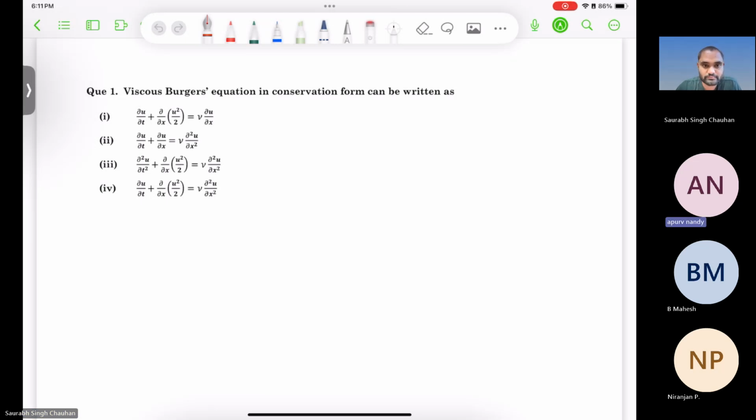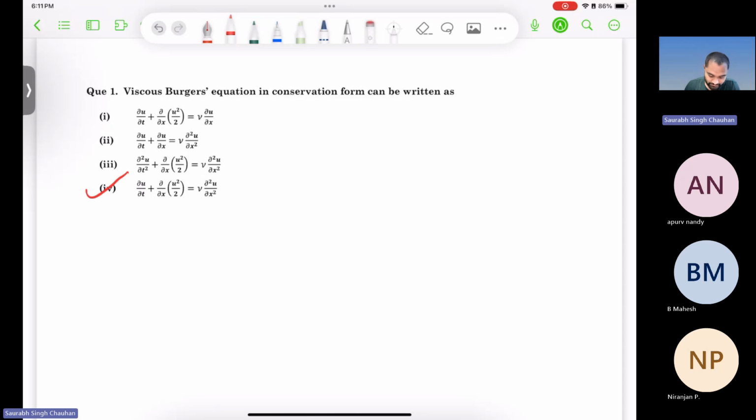I think it's the fourth one. Dou u by dou t plus u dou u by dou x equal to, so if we take u inside the bracket, it becomes u square by 2. Okay, so the answer is correct, of course. The option you are telling is correct.